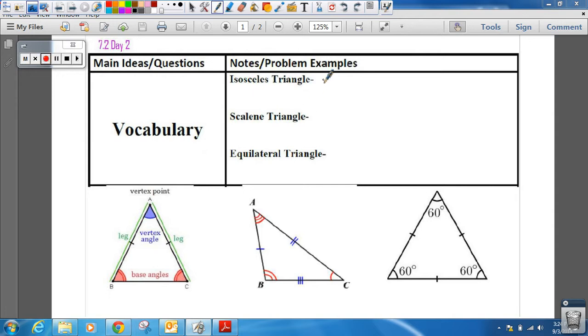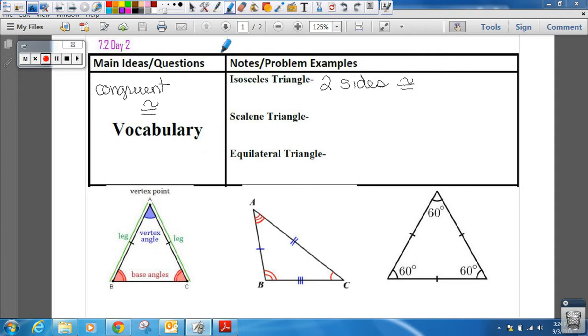The isosceles triangle has two sides congruent, and from here on out you need to know that if I use the word congruent, and you can as well if you need to use that word, you can use the following symbol. That means congruent. So two sides congruent is an isosceles triangle.